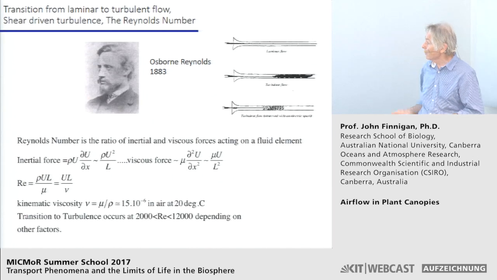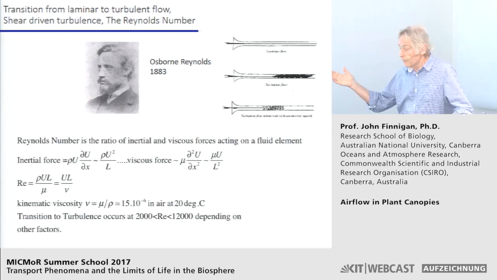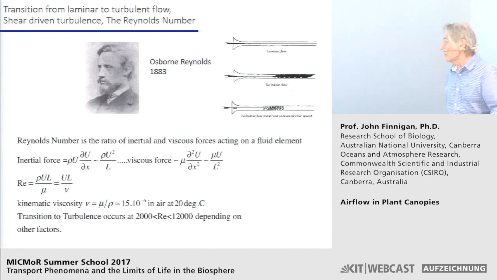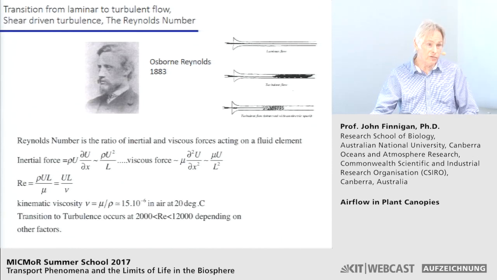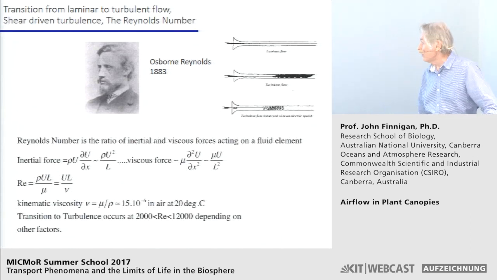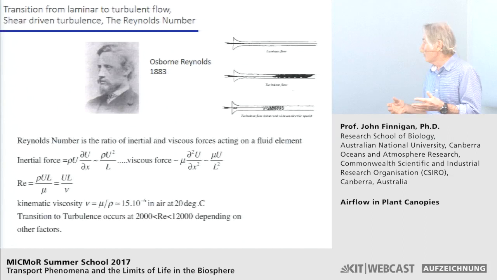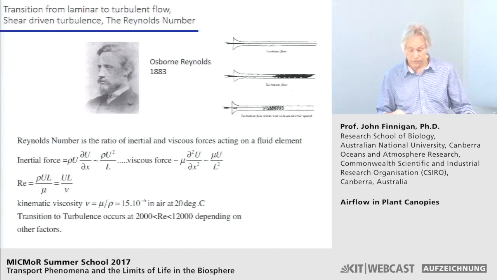And if you take the ratio, you get the Reynolds number, which is the velocity times the typical scale of the flow, it will be the diameter in Reynolds' experiments, divided by the kinematic viscosity, which is the ratio of the viscosity and density. Now we know the kinematic viscosity is a very small number, like 15 times 10 to the minus 6. And so this transition to turbulence occurs at Reynolds numbers somewhere between 2,000 and 12,000, depending on other factors.